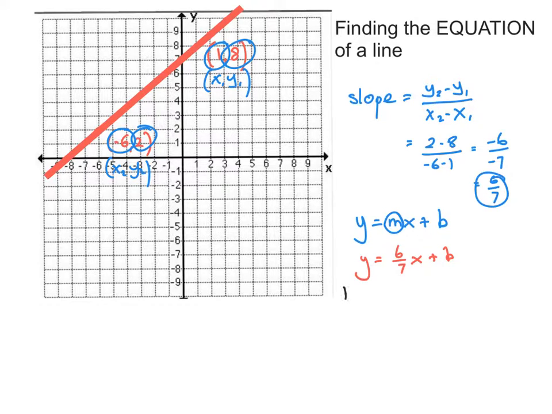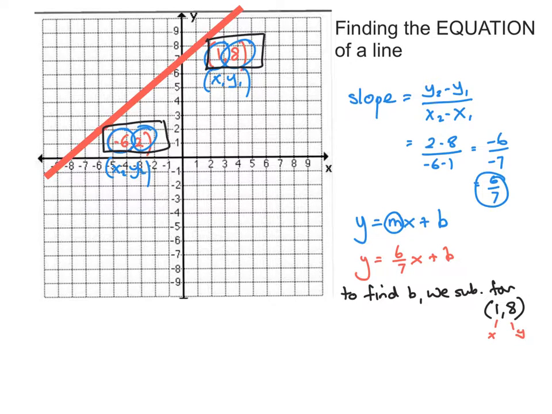Now to find b, we sub in either point here. You can choose that point there or that point there, depending on which is easier. Well, the point 1, 8 has no negatives, so we'll choose that one. And we know that out of these 2 points, this is the x value and this is the y value, and that's what we're going to substitute.